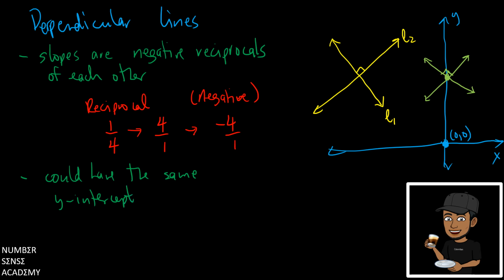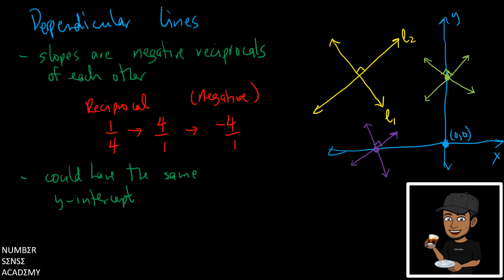Okay? Which also means that they could have the same x-intercept. They could meet right there. Those two lines could meet right there. But I think it's going to be one or the other.